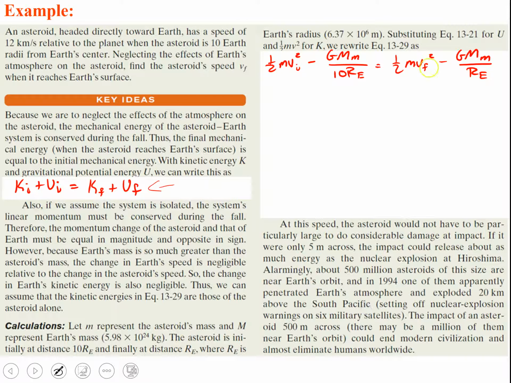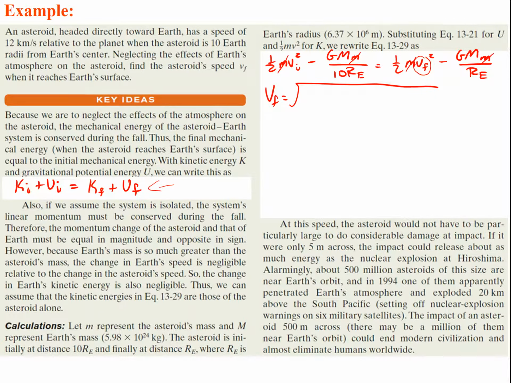Basically, what I want to do then is solve for this final velocity. I can realize that there's a little m in each term, so the little m's are actually going to cancel out, and that simplifies things quite a bit. So for our final velocity, I'm going to add this term to the other side, then multiply both sides by 2, and then take the square root.